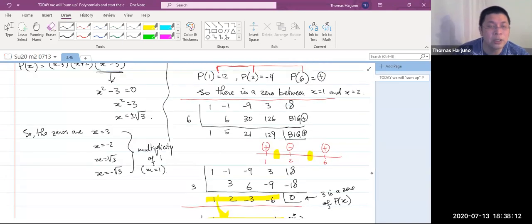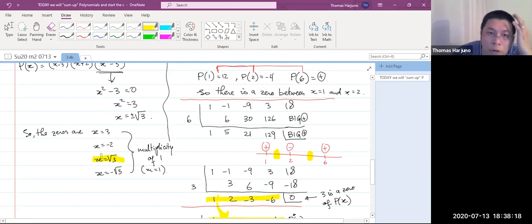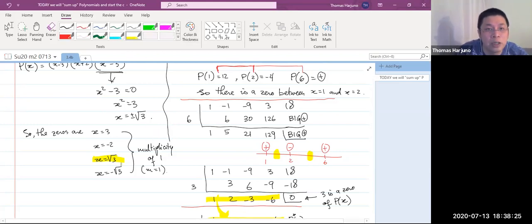But you see that our radical 3 here is between 1 and 2. If you use your calculator, radical 3 is 1.7 something. So this guy here actually refers to what we have here.